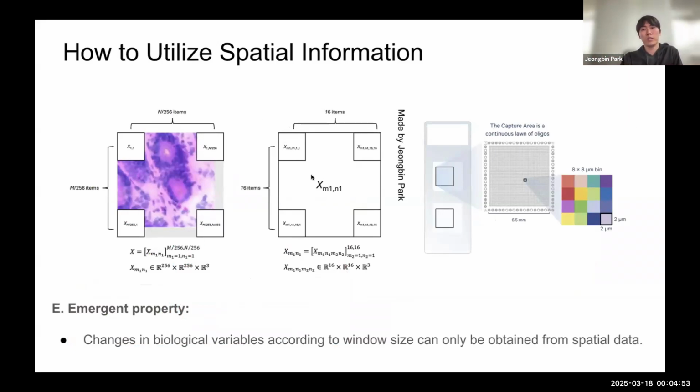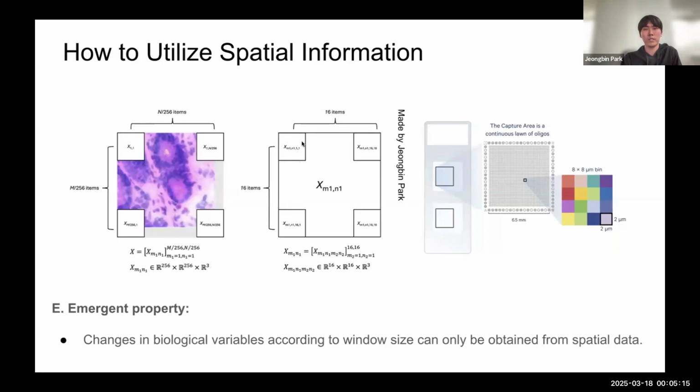So, for example, this one is the example of iStar. iStar is using a vision transformer to enhance the resolution of gene expression by using histological images. And here it is using a two-stage approach, where the given image is divided into patches, and each patch is subdivided into sub-patches.